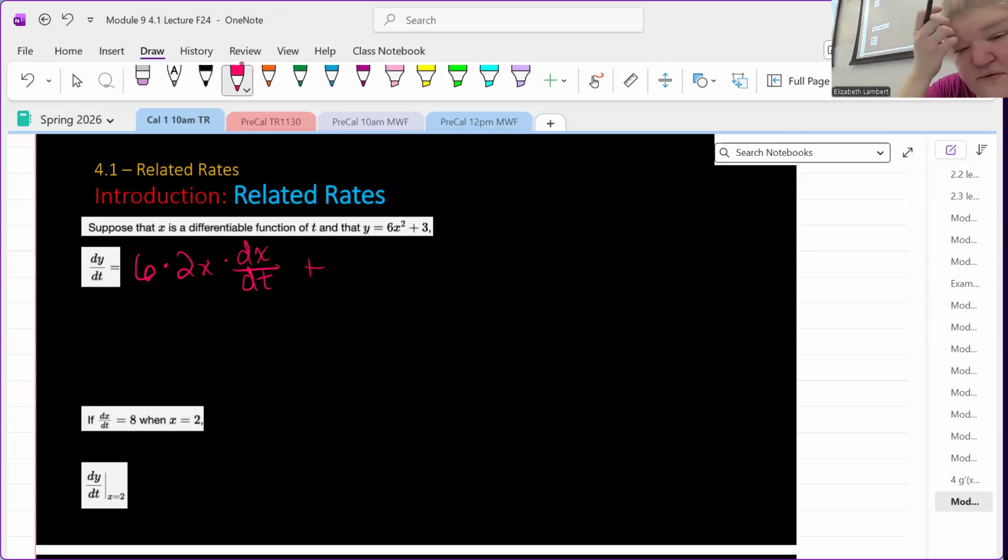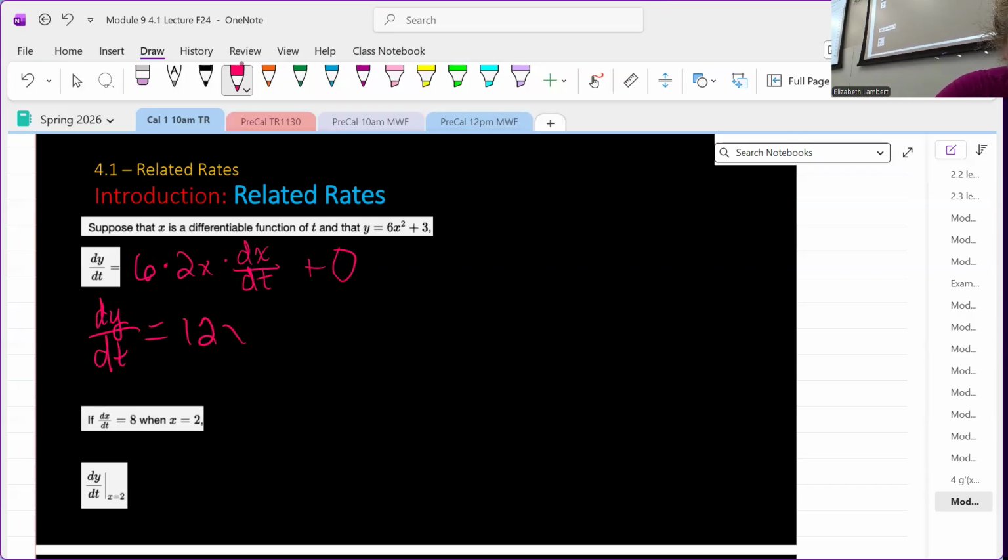The derivative of 3 is a constant, so its derivative is 0. So our formula for dy dt is 12x times dx dt.